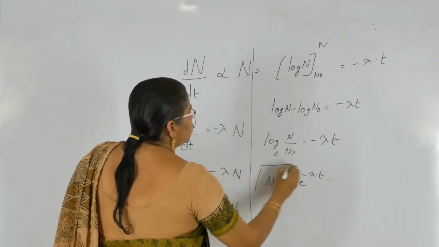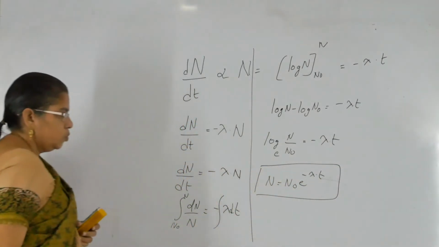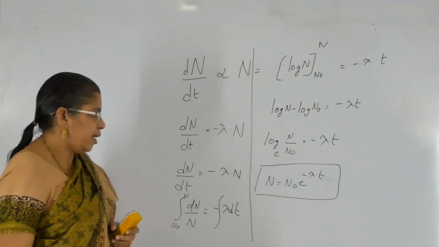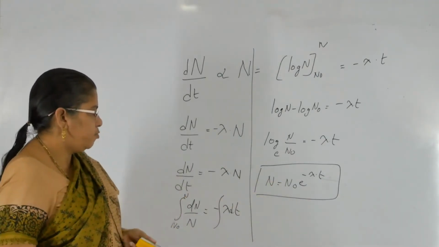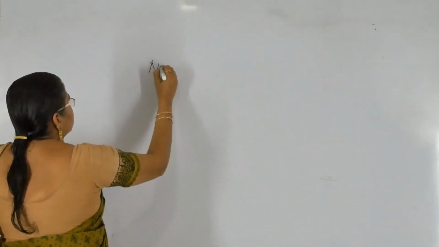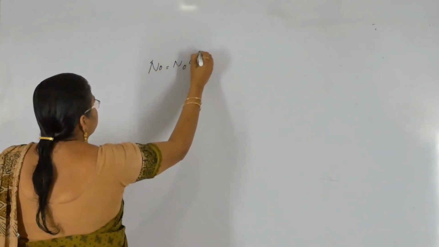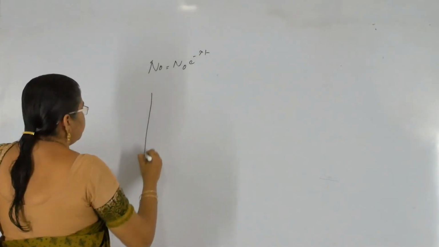This is the expression, where N0 is the initial number of atoms and N is the number of atoms remaining. This is the law of decay.